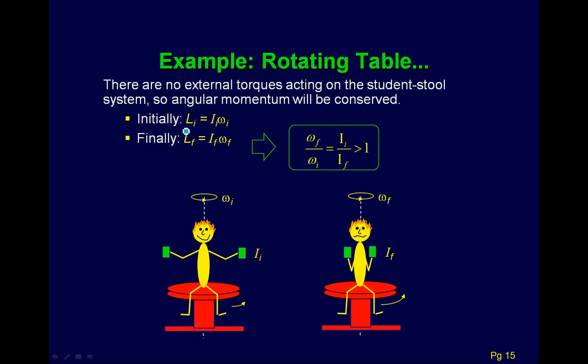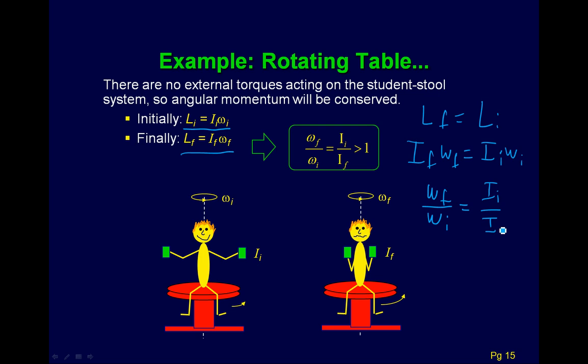So here's the initial angular momentum, and here's the final angular momentum. We can write that out for this person, the ice skater: I final omega final equals I initial omega initial. And what I've done over here is solve it, saying omega final over omega initial has to equal I initial over I final.